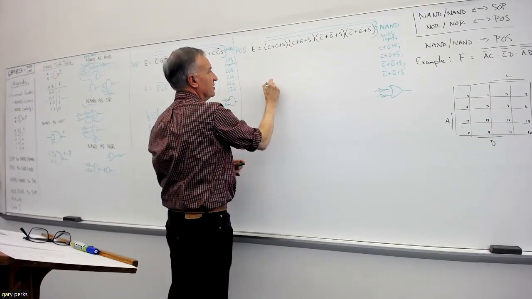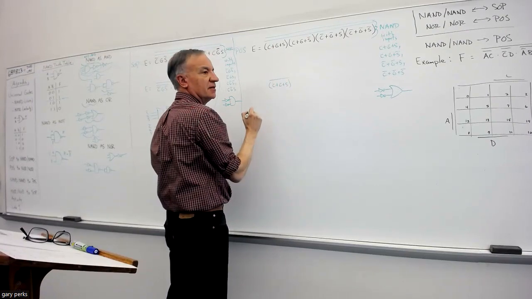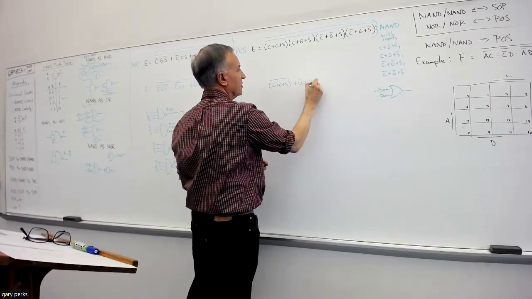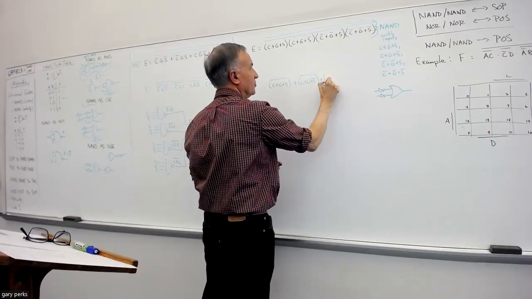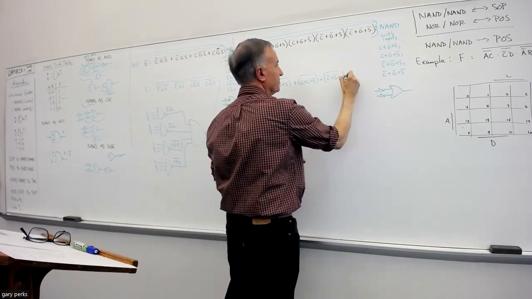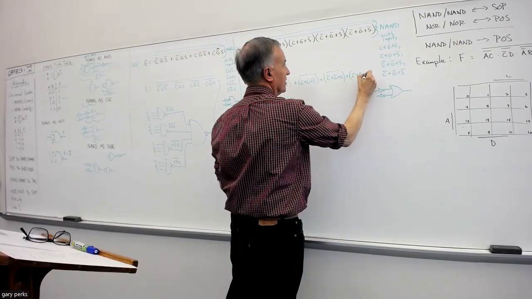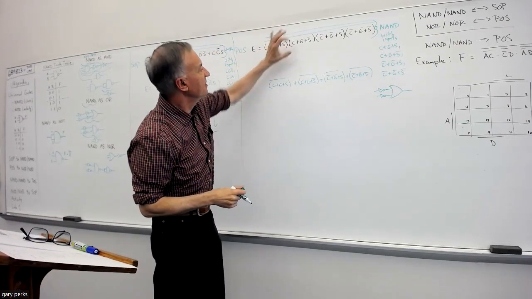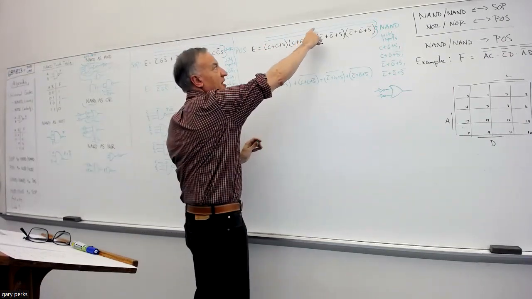Take this input, invert it, and OR it with this input that's inverted, OR it with this input that's inverted, and OR it with this input that's inverted. So that's going from this NAND to this equivalency, which is an OR with inverted inputs, and then we have to put this bar back.